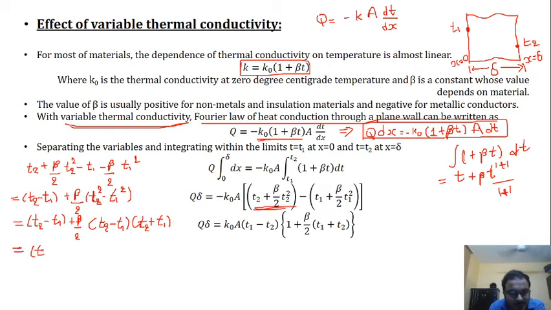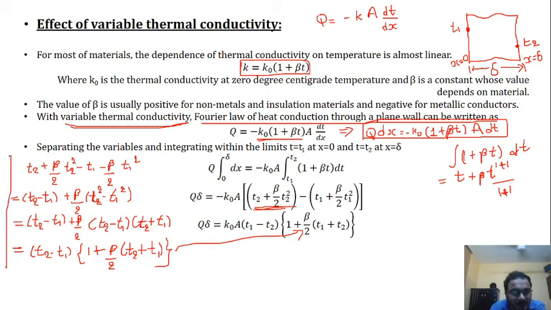Here T2 minus T1 we can take common, so T2 minus T1 into the bracket 1 plus beta by 2 into (T2 plus T1). The same thing is obtained over here also, as you can see. So you can pause this video and write down this simplification.